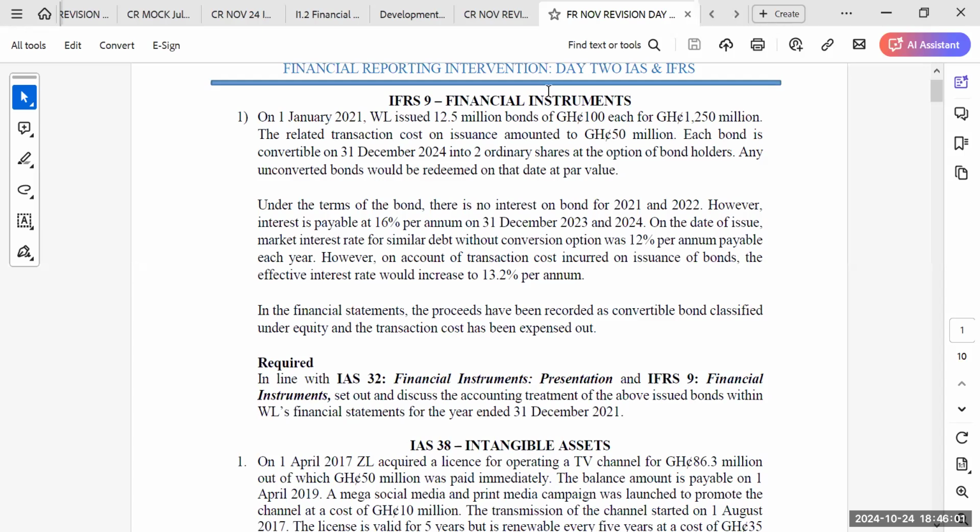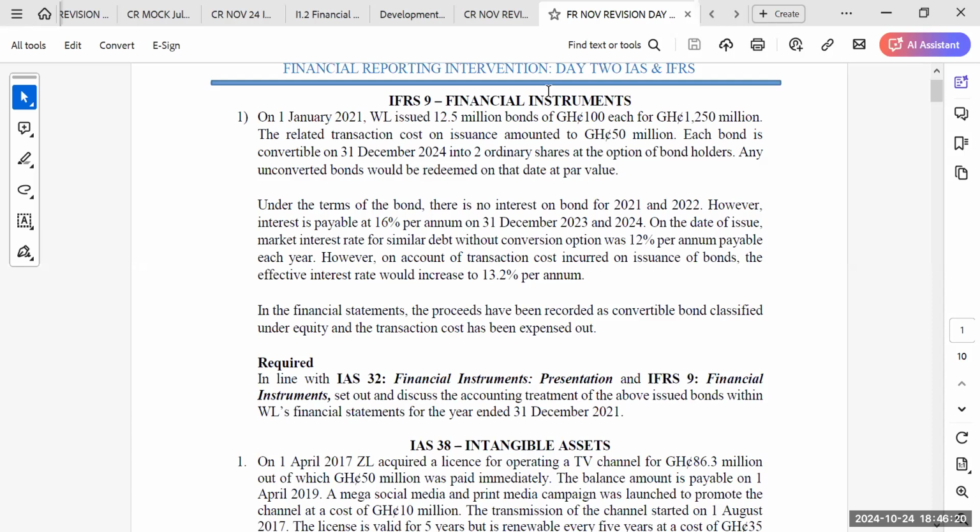Required, in line with IAS 32 Financial Instruments: Presentation, and IFRS 9 Financial Instruments, set out and discuss the accounting treatment of the above issued bonds within WL's financial statements for the year ended 31st December 2021. All right, thank you.